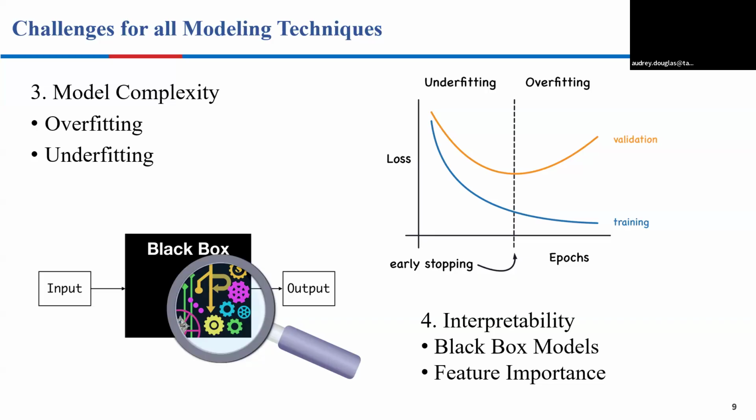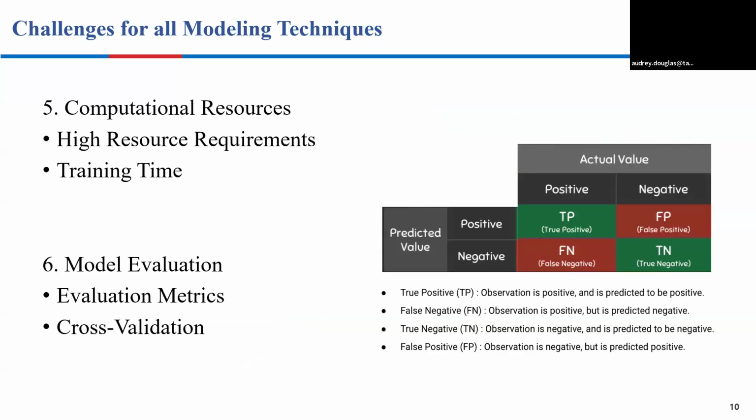And also we have feature importance. Identifying which features impact predictions can be so difficult, especially in some complex models, right?